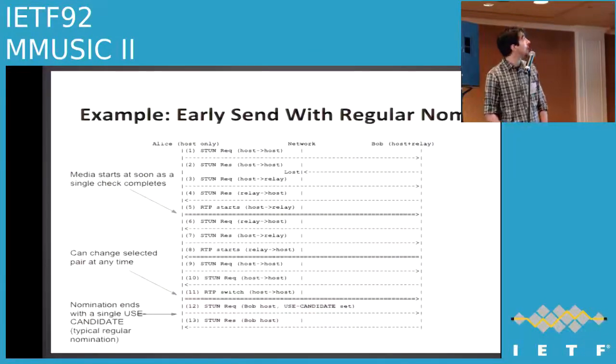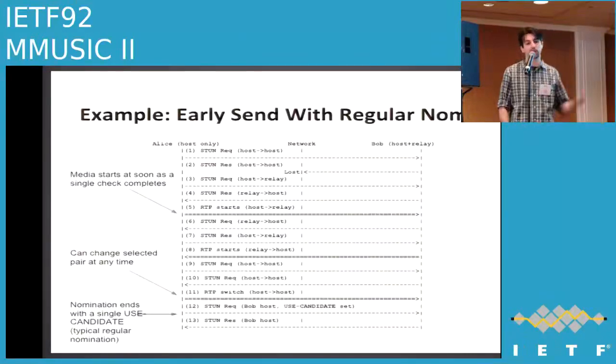Even though the check between Alice and Bob's host candidate fails, once the host-relay check succeeds, Alice can start sending media. Then later, when the host-STUN check succeeds, she can switch the media over, and at the end she can say, here is the best candidate I think I can find. I'm now going to send a use-candidate attribute, and media's already been going the entire time.